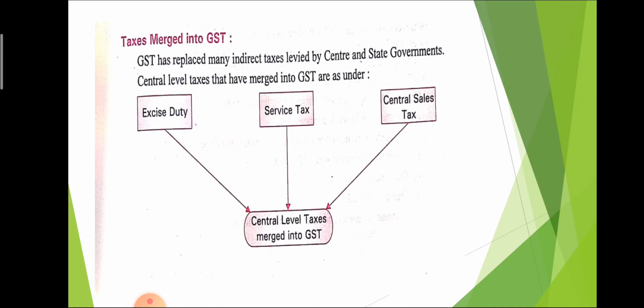There are two types of taxes, CGST and SGST. CGST is the combination of three taxes: excise duty, service tax and central sales tax. It means that excise duty, service tax and central sales tax combine together and make CGST.